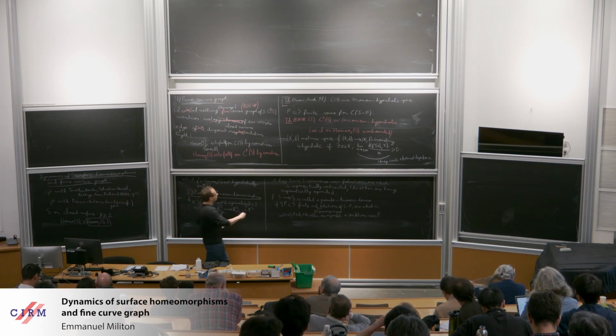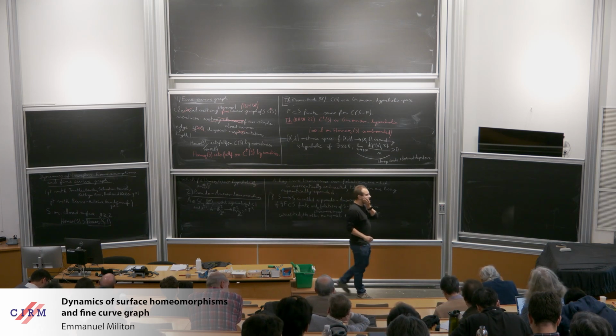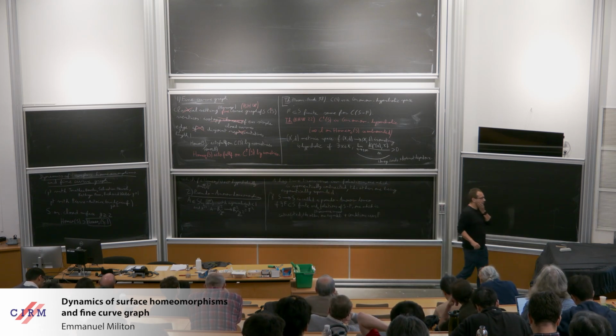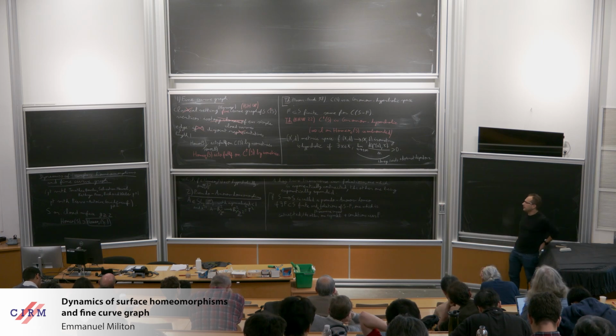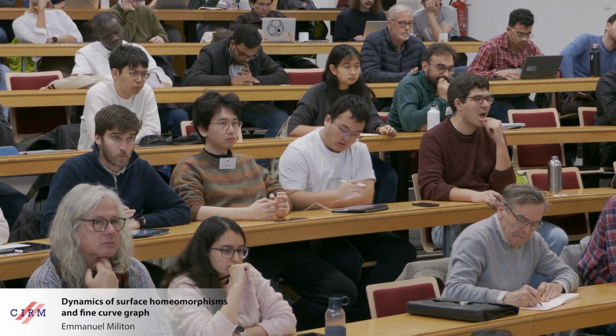Okay, so why do we care about pseudo-Anosov homeomorphism? It's because you have a classification of isotopy classes of homeomorphism of S, which is called the Nielsen-Thurston classification.